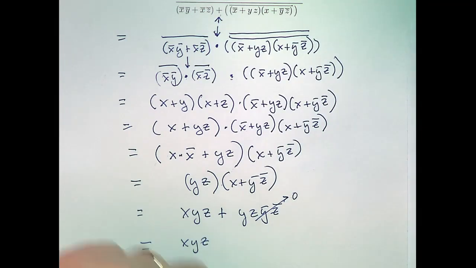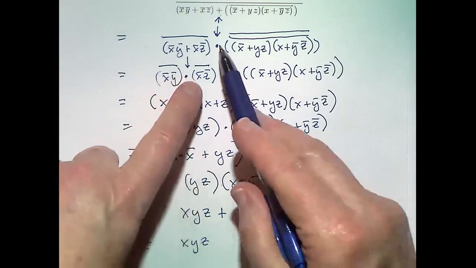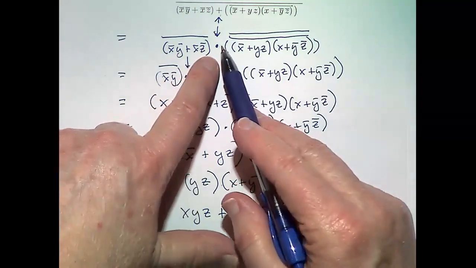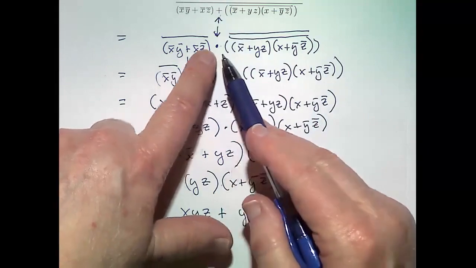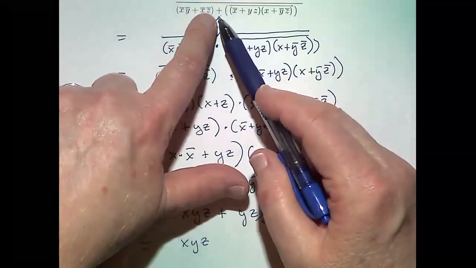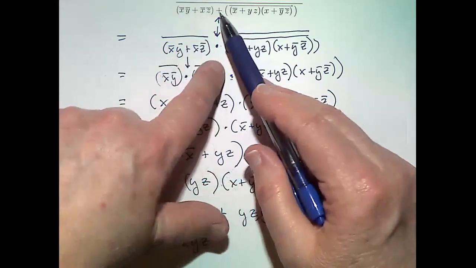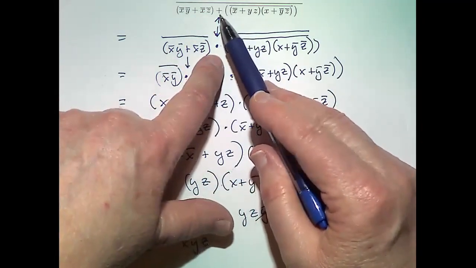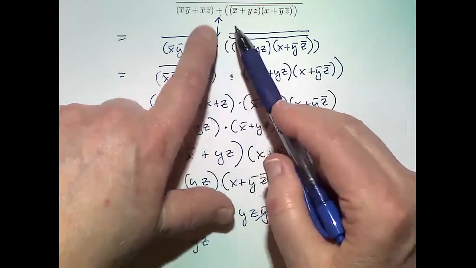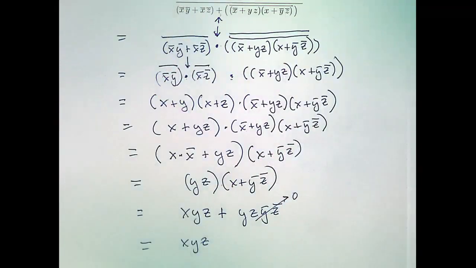Okay, so just be careful. Make sure you know how to apply De Morgan's law, right? Make sure you're breaking it up around the top level when you have a complement, and you have to swap the or and the and when you distribute the complement. That's De Morgan's law.